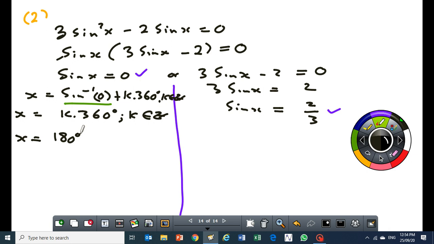So are you following? 180 minus shift sine of this, which is 0. Why is it 180? Because sine is positive in the first quadrant and the second quadrant. So this becomes 180 minus 0 plus k 360. So you end up having 180 degrees plus k times 360 degrees, where k is an element of z.